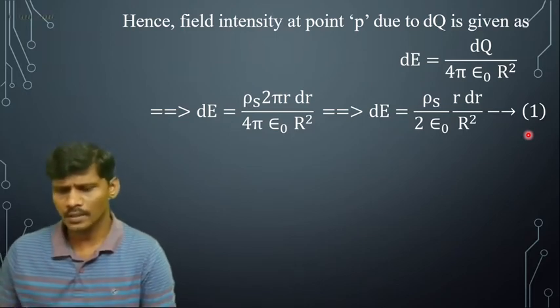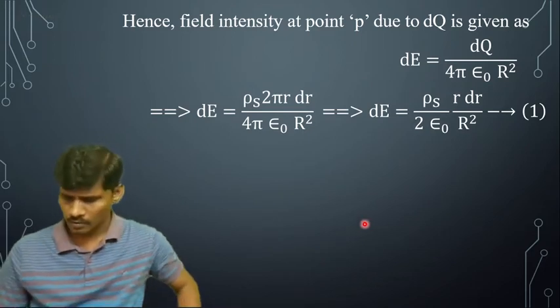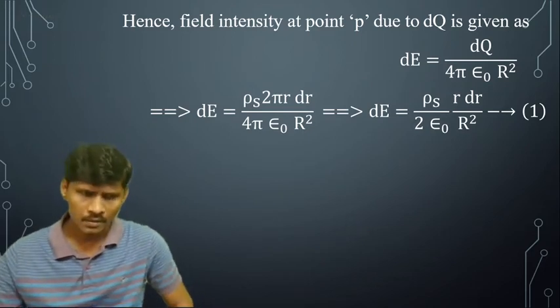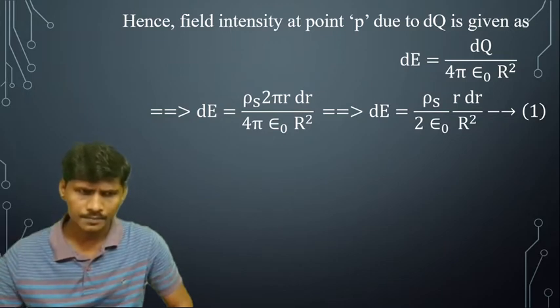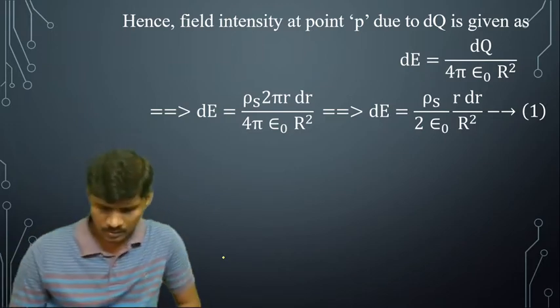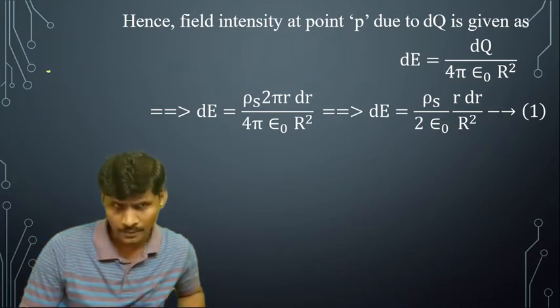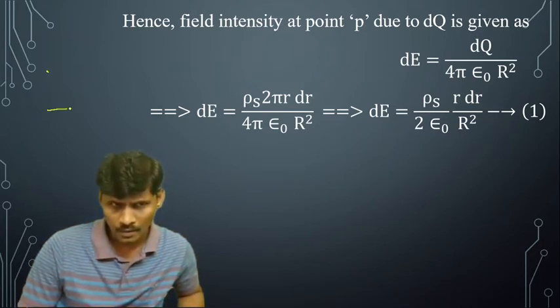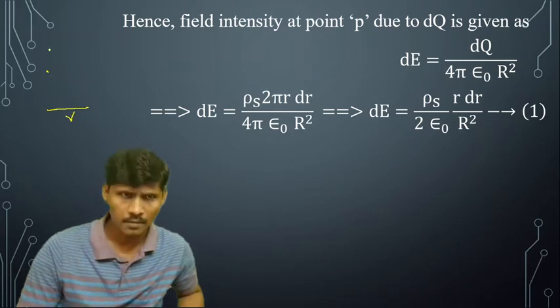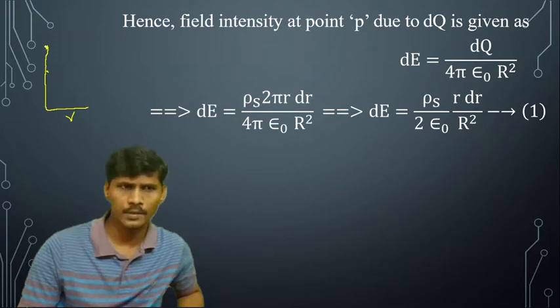So from the figure, what is sin theta? This is the circular strip, from the origin to the circular strip, and this is small r, and this is point P on the z axis.